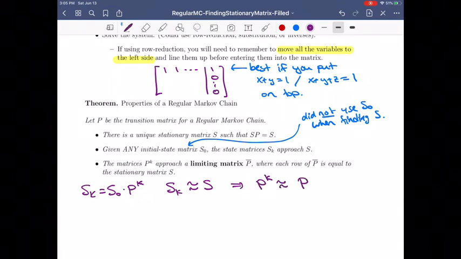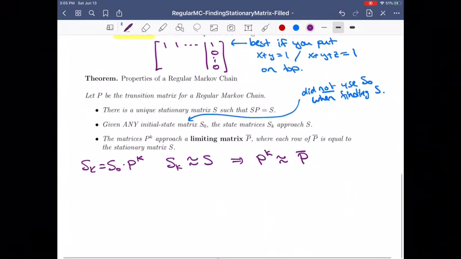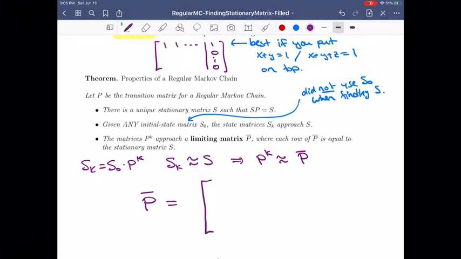This thing we call P bar. It's called the limiting matrix. And what it looks like is actually really easy. It's going to be an n by n matrix, just like P, but in every row, it has your stationary matrix S.